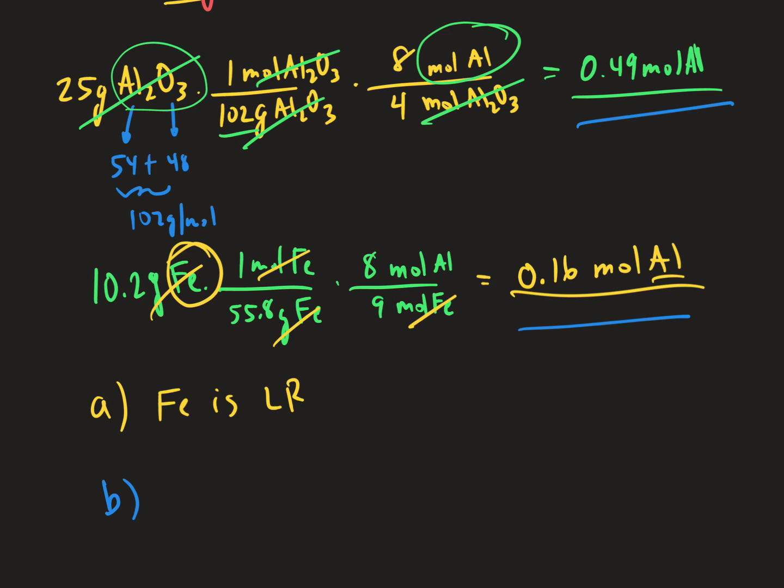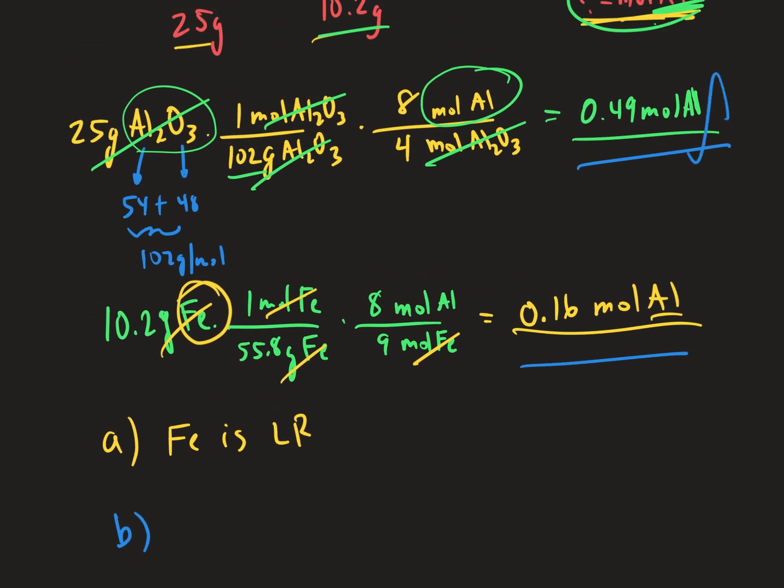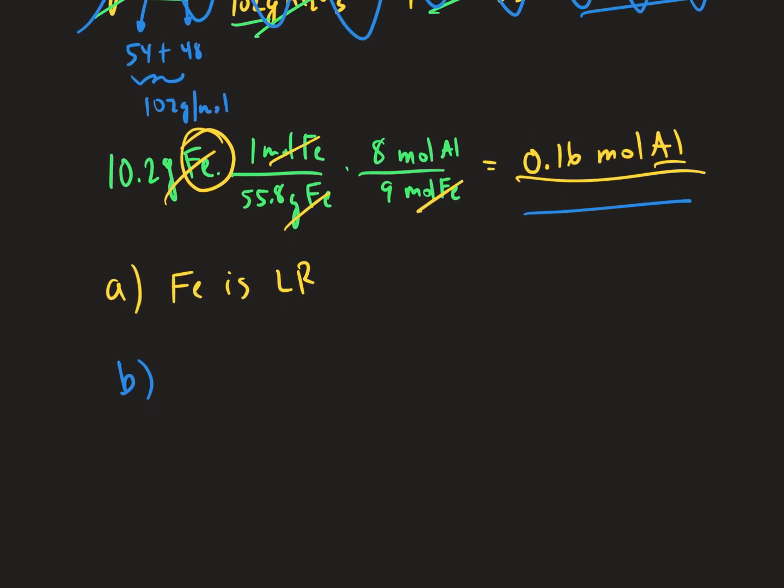It's the one produced from our limiting reactant, right? Okay. We're never going to use this one. Never. We can cancel that. Don't even use that. So our answer for part B is 0.16 moles of aluminum. We got part B from part A. Don't have to redo anything.